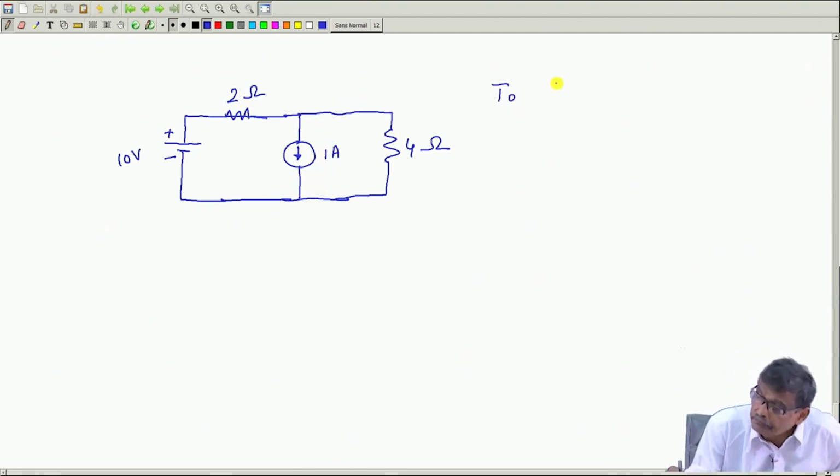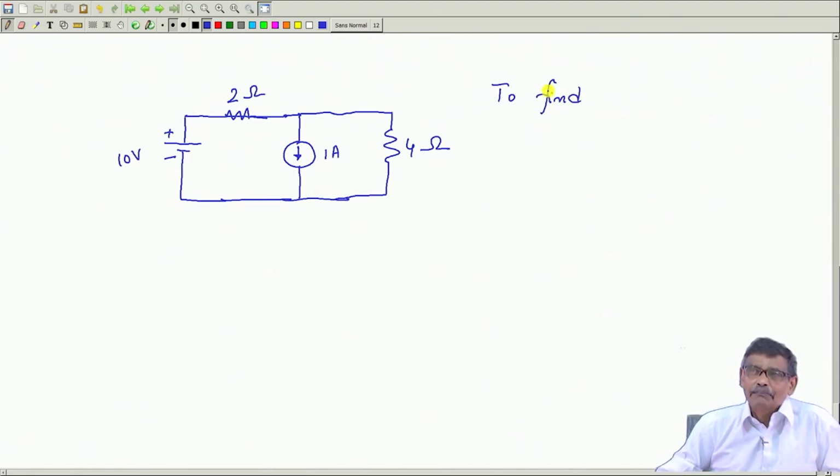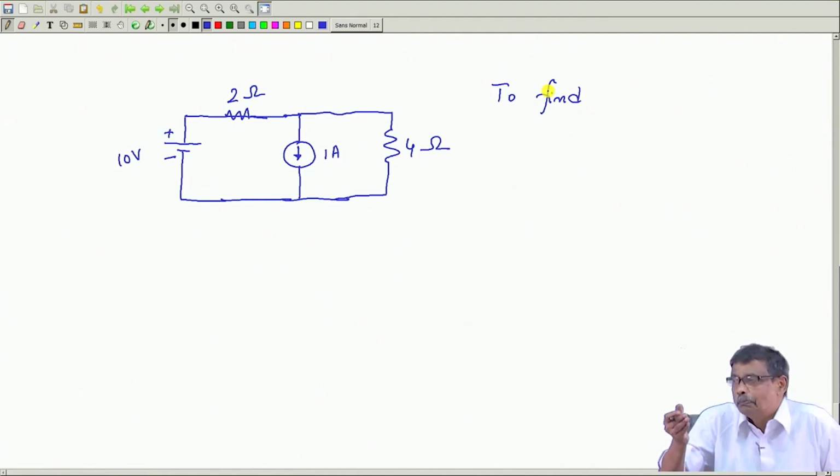So you should not be upset because of the presence of many current sources in a circuit. Rather, if more current sources are present, at least your labor is going to be less to find out currents in other branches, because those branches which are hosting current sources, those currents are already known.